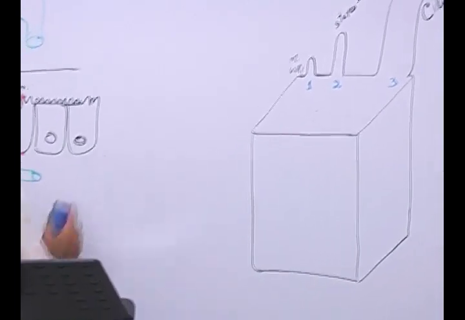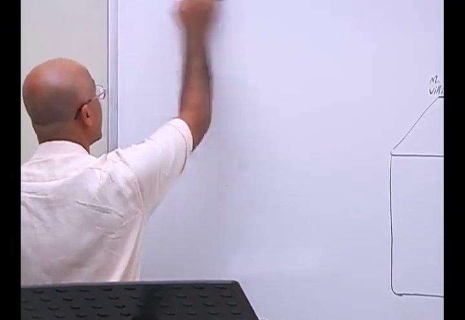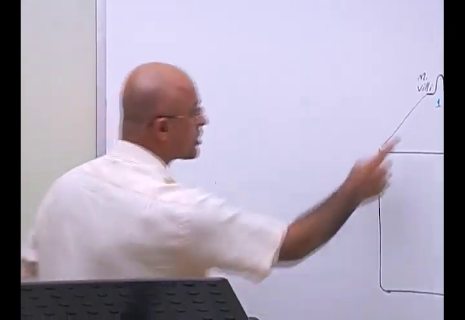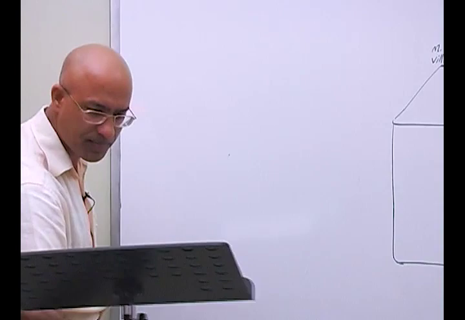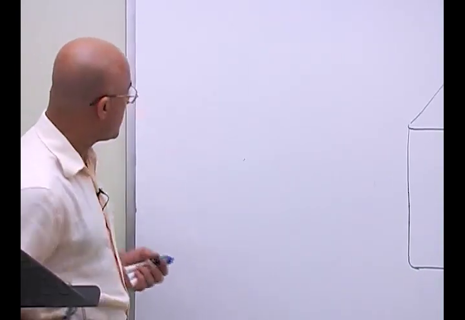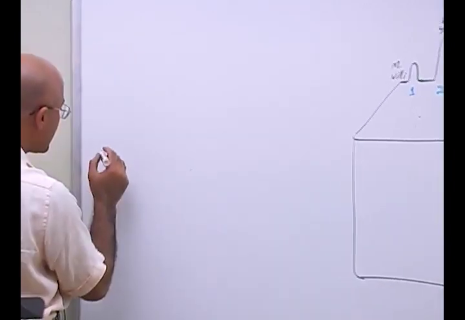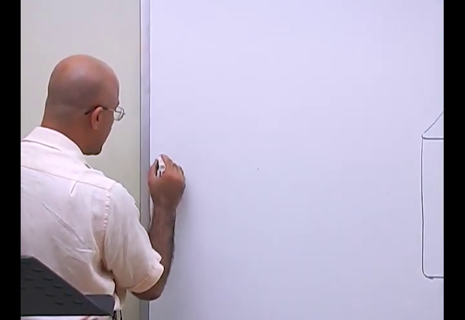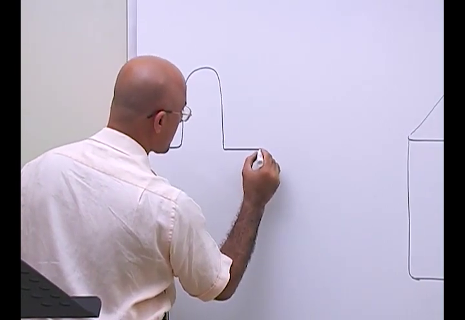Now, the roof of the cell, or apical surface of the cell, let me draw the structure of microvilli. What is the basic structure of microvilli?